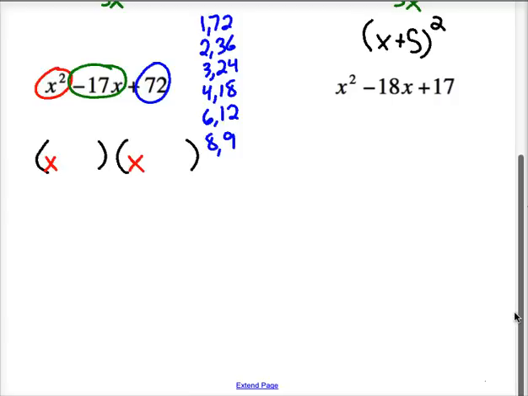How does that work? Well, how that works is you're actually talking about two negative numbers. Because two negative numbers will add to be negative, yet negatives multiply to be positive. Okay, so that's the next little twist that I need you to know in this factoring process. When you're multiplying to be positive, adding to be negative, you're searching for two negative numbers.